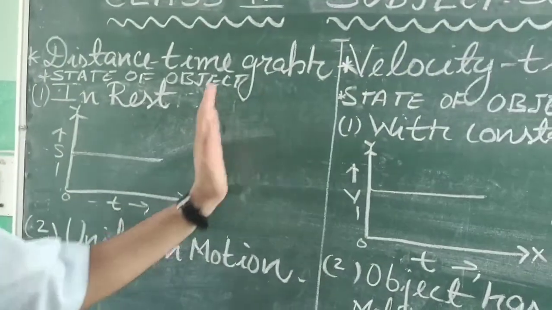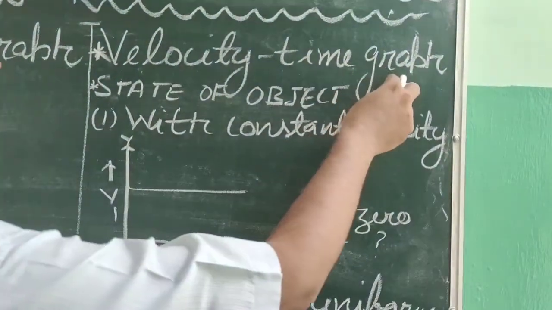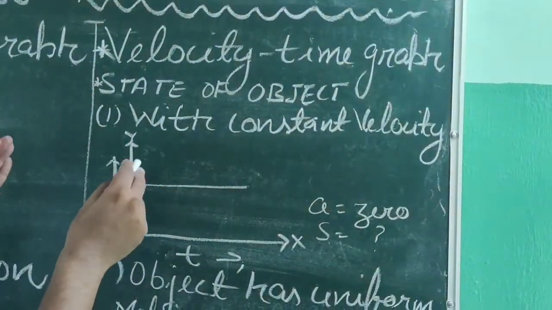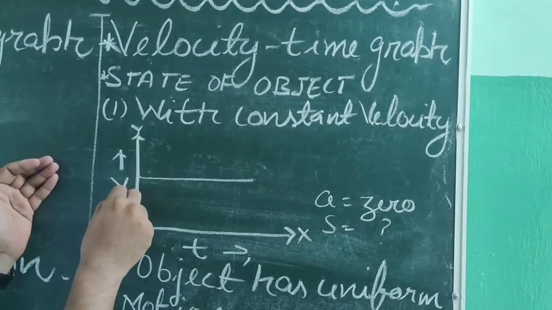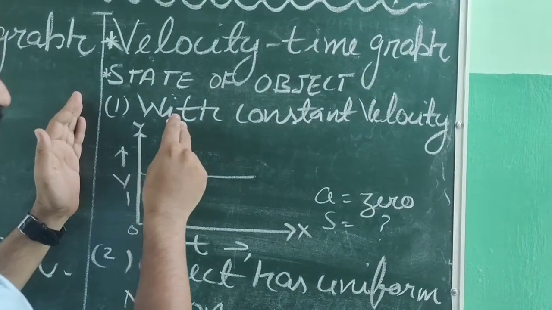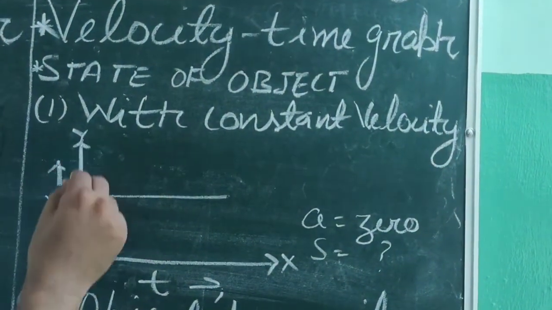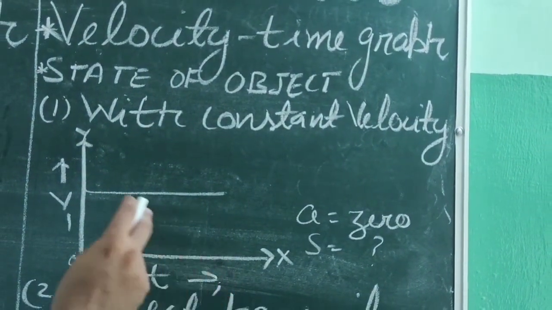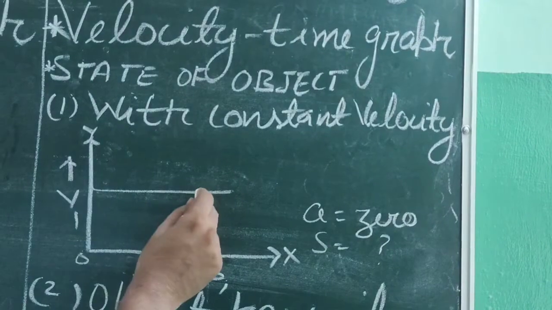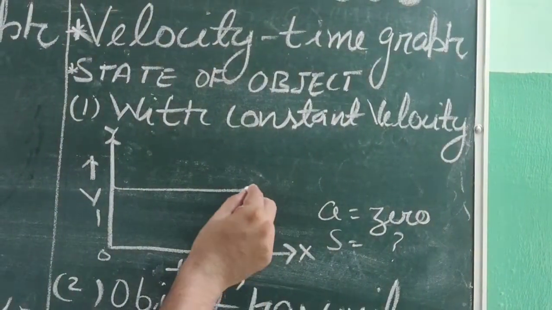In the second example, we will discuss the velocity-time graph. In this, the y-axis indicates velocity, and with constant velocity, the graph will be parallel to the time axis because the velocity is not changing here and the object is moving with the same velocity.